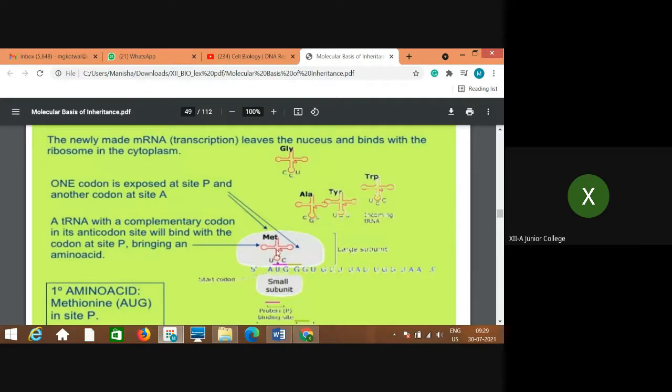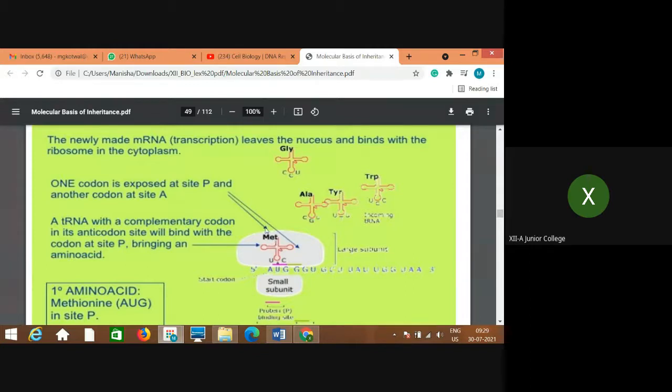And why is this the P site? Because when the second tRNA comes in contact carrying the second amino acid, a bond is formed, which is called a peptide bond. That is why this is called the P site.